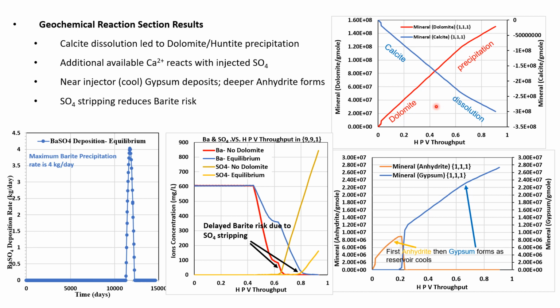This increase in calcium ions supports the anhydrite precipitation when the system is hot. First anhydrite forms because the system is hot. After water breakthrough, the temperature goes down, and we can see gypsum start to precipitate when the system becomes cold.